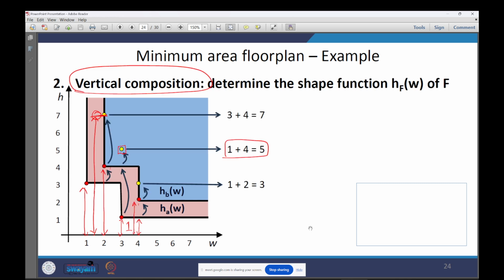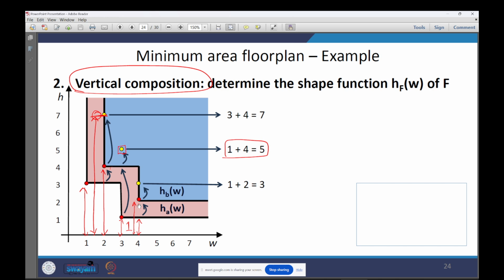Whenever I am creating, we have to create either in the horizontal composition or vertical composition. Here it is looking into the vertical composition. Vertical composition means one block will be above the other block. So here we have one point is 3, this 3 plus this is basically 4. 4 means this side is 4.